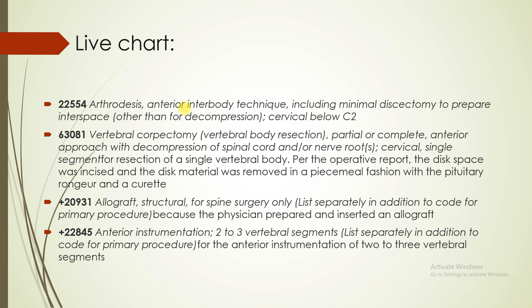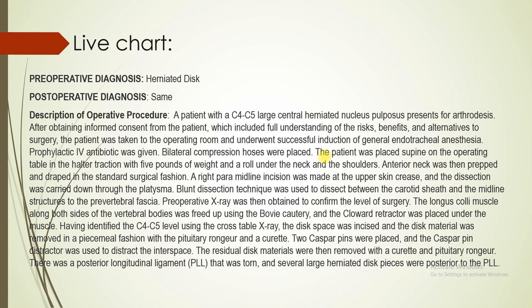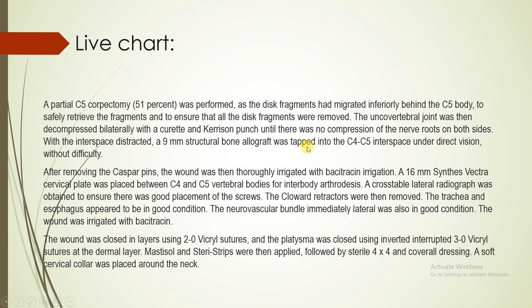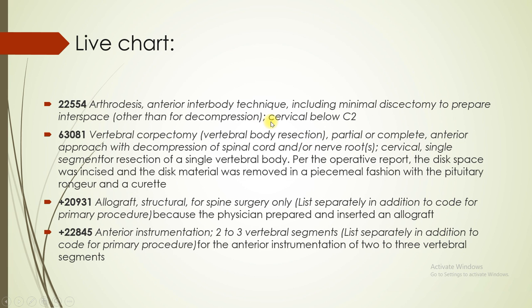The physician has created the incision on the neck, supine position, or on the neck area. Okay, so that's why anterior. Why interbody technique? As the physician has performed arthrodesis between two interbodies, including minimal discectomy to prepare the interspace, cervical below C2. Okay, so what is our cervical spine level? C4 to C5, correct? Okay, so if you see the code description, we need to use 22554 if the physician performs arthrodesis below C2. So this is the correct code, 22554.